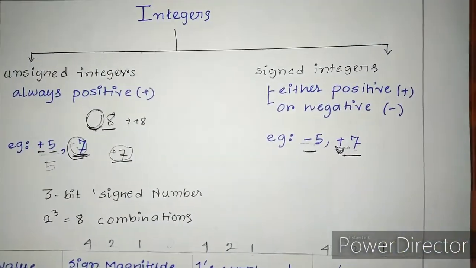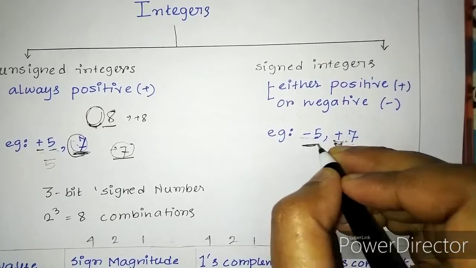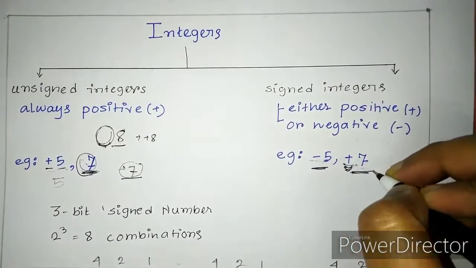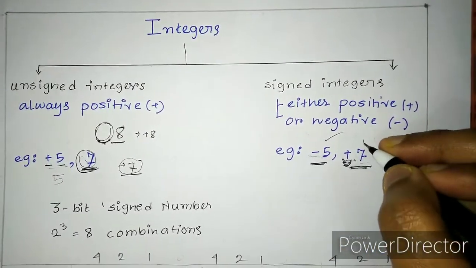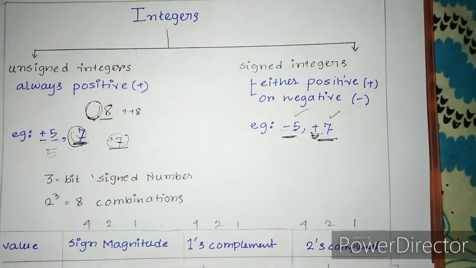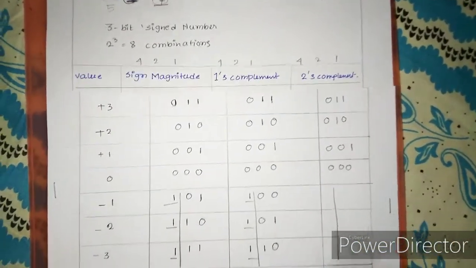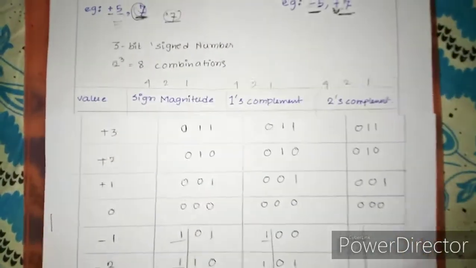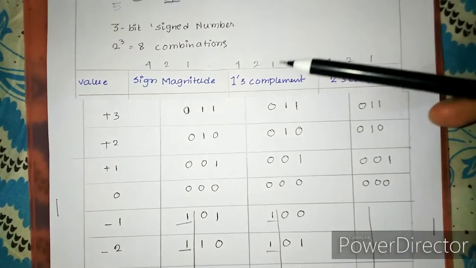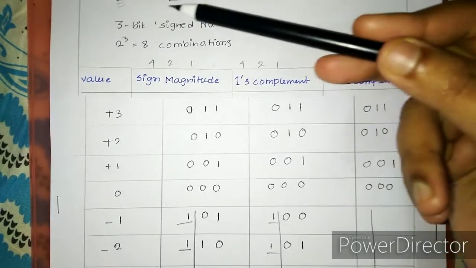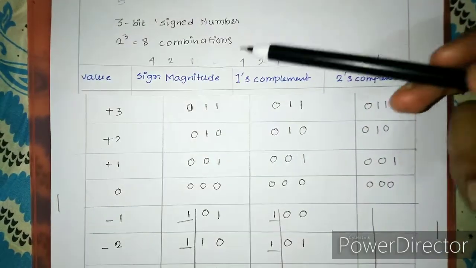Now in the case of signed integers, there is obviously a sign in front of them which denotes that the number can be negative or positive. So let us study how we can store positive and negative numbers. Suppose I have taken 3-bit signed numbers here. 3 bits means 2 to the power 3 equals 8 combinations.